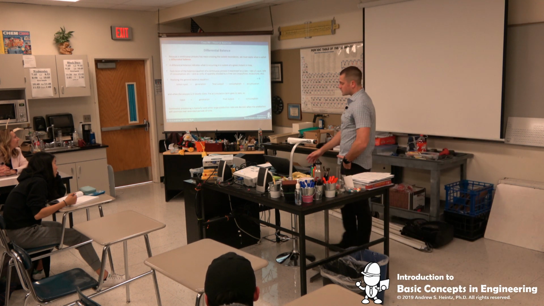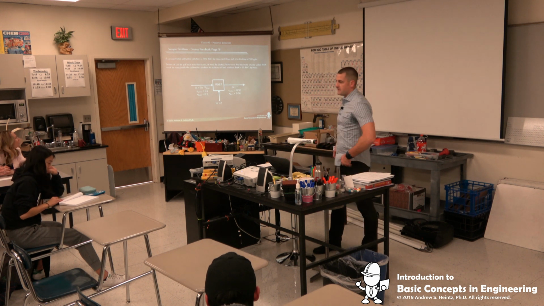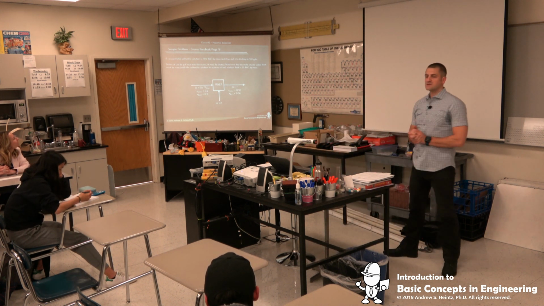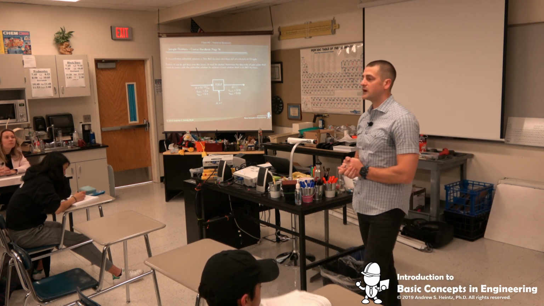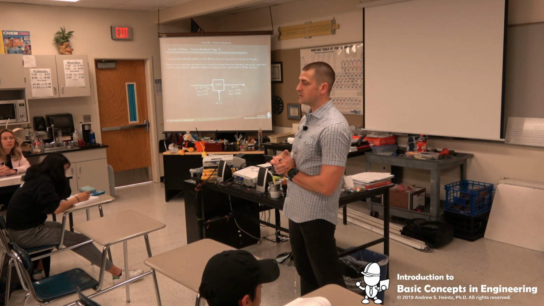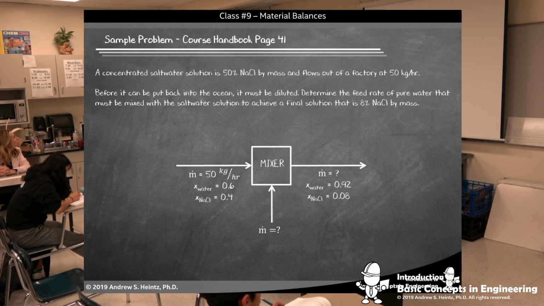All right, so let's go to the example on page 41. And this actually feeds into what Dr. St. Dennis was talking about earlier with environmental concerns. This is partly why environmental engineers will take this class as one of their first as well. We have real concerns for this, right? So a concentrated salt water solution is 50% salt water by mass and flows out of the factory at 50 kilograms per hour.